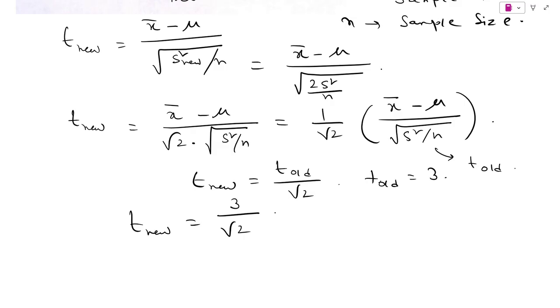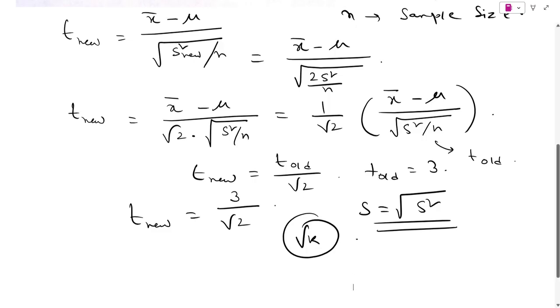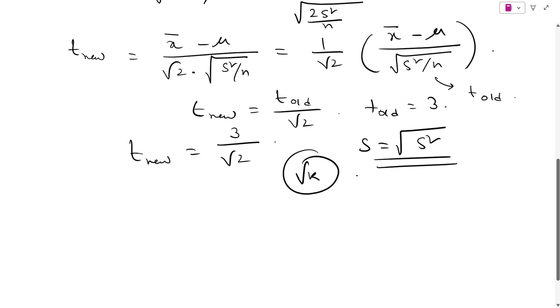Because the denominator uses the standard deviation, S equal to root of S square, any scaling factor k applied directly to the variance inversely scales the entire t statistic by a factor of root k. So if variance is multiplied by k, t is divided by root k, and if variance is divided by k, t is multiplied by root k.